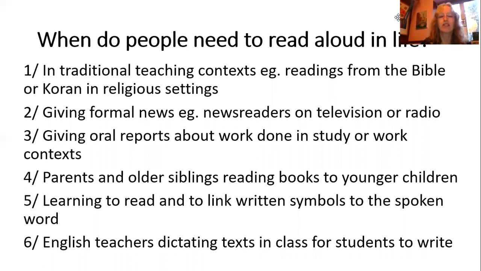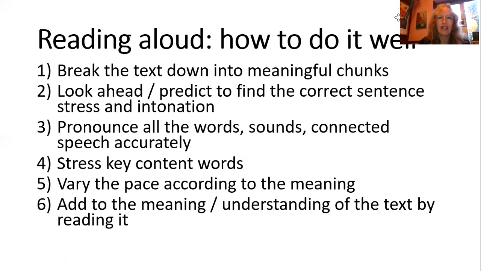Are there any other times when we need to read aloud? If there are, we can add more points. And this is how to do it well. There are 6 points that we can look at here. So first of all, it's quite a difficult thing to do well, because as you're reading, you need to break the text down into meaningful chunks.